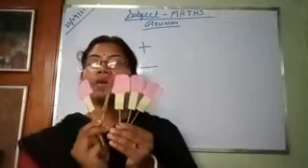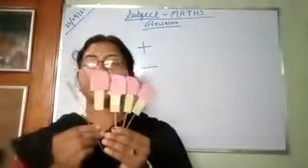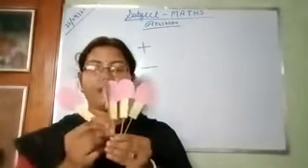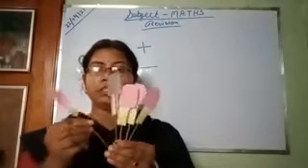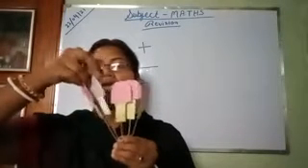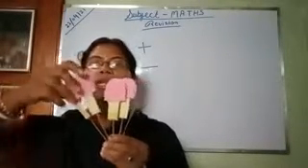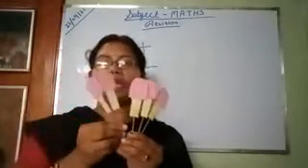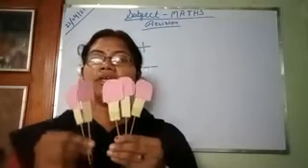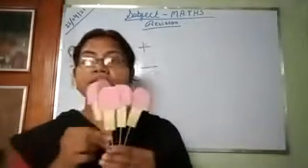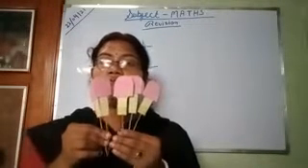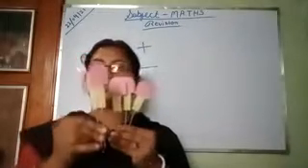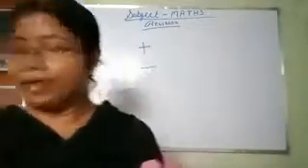The total that comes is called addition. Whatever the total thing we have is called addition. Suppose I have 3 ice creams and somebody has given me 2 more. So how many total ice creams now? It will be 5. 3 plus 2 will be 5.